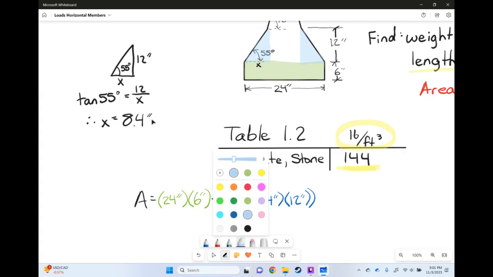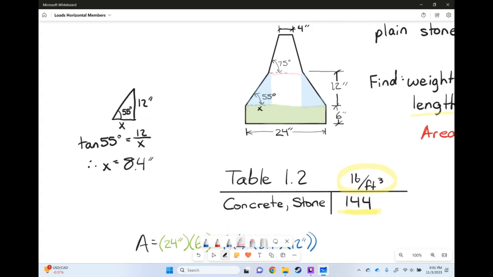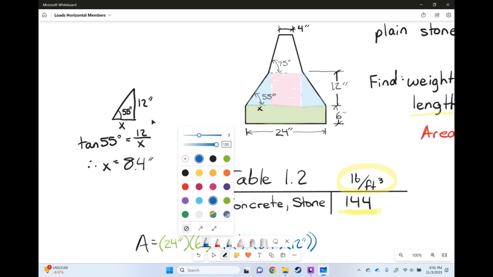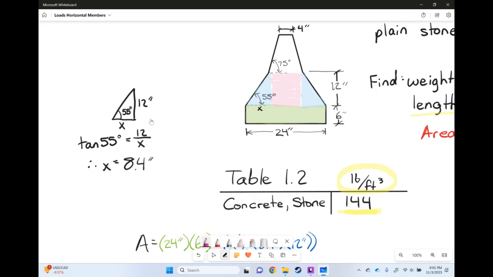Next, we're going to have the rectangle that's in here. For this rectangle, I have X, and I have X on each side, so two X's.